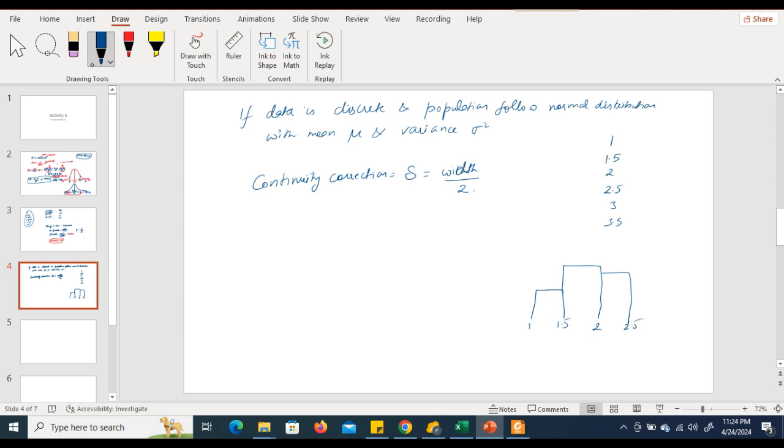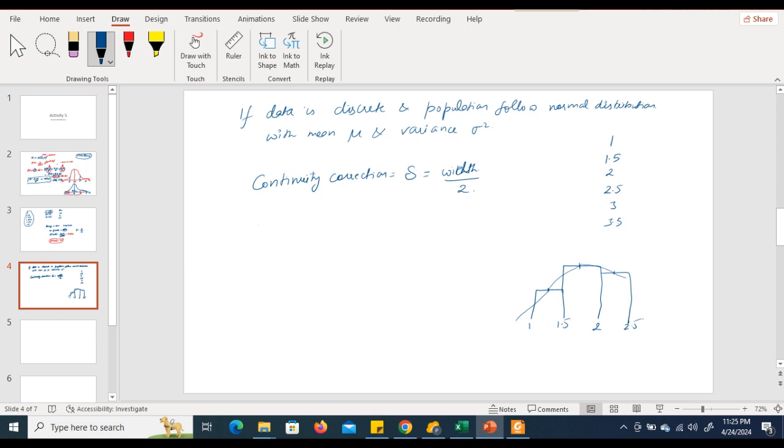To draw a continuous curve, we simply join the midpoints of these histogram bars and connect them in the form of a line, so that will form a continuous curve. For that purpose, if the data is given in discrete form, we need to consider the continuity correction, which is equal to the width, that is the difference between two consecutive values, divided by 2.